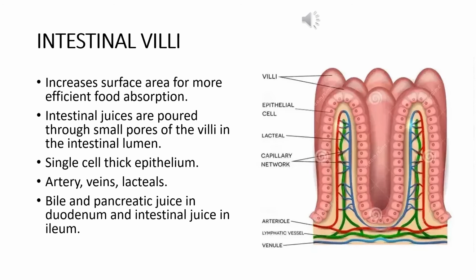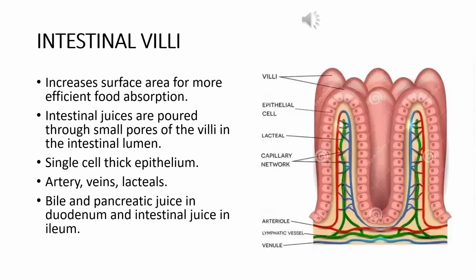Now the villi has an outer surface which is a single cell thick epithelial layer. As we have already studied in the previous chapter, epithelial layer is a sheet of cells.